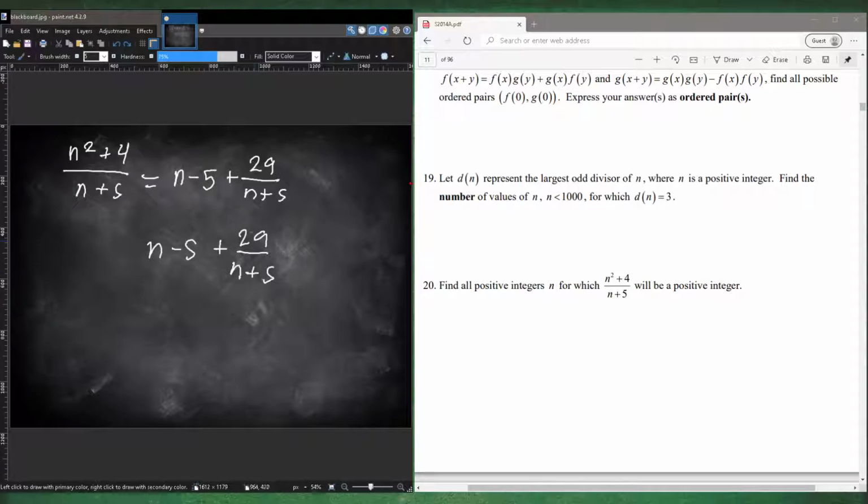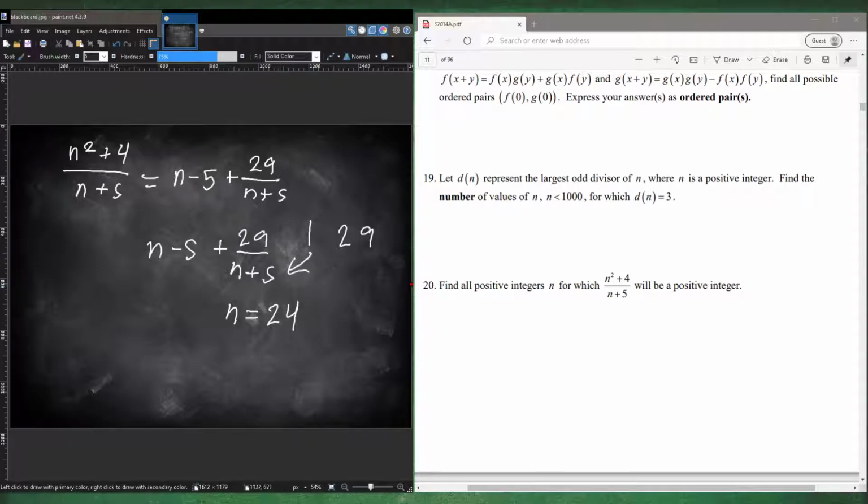So for this part to be an integer, while n is an integer, n plus 5 has to be a divisor of 29. 29 is divisible by either 1 or 29.